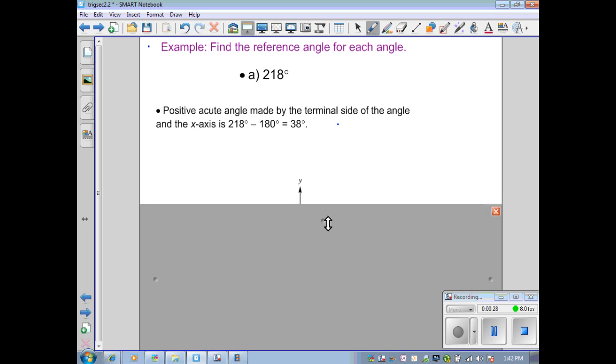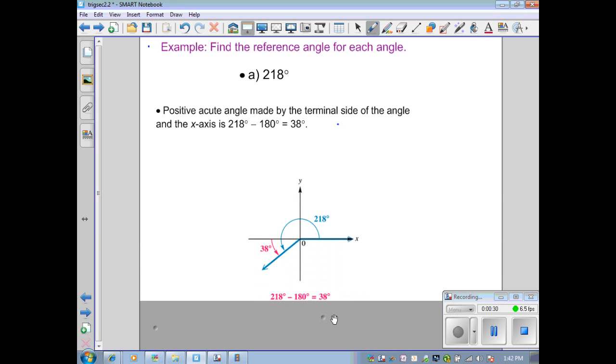Let's take a look at a diagram that represents this. As we can see, here's our 218 degree angle having an initial side on our x-axis sweeping into the third quadrant, and then we would have an angle theta here that is a reference angle for 218 degrees, 38 degrees.